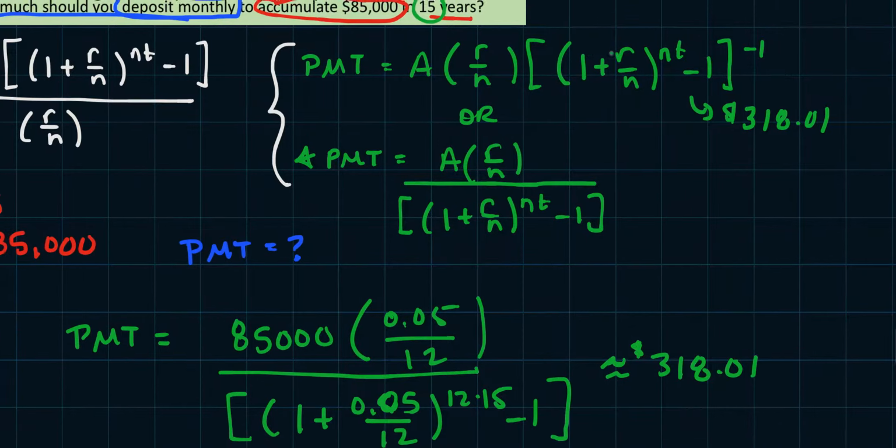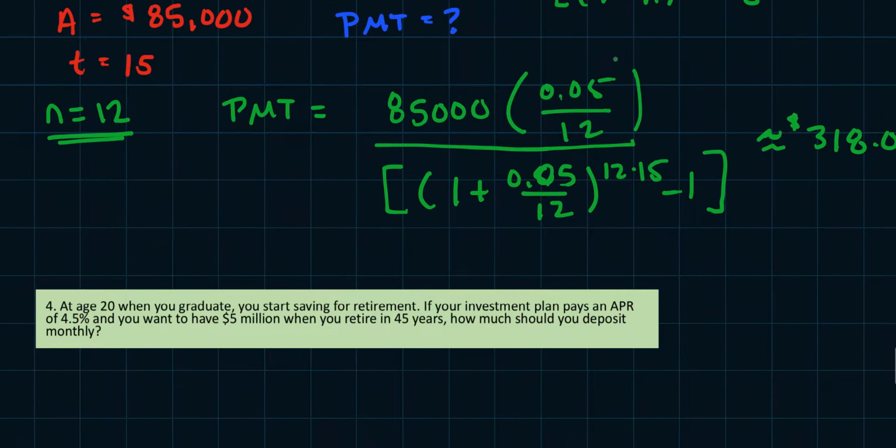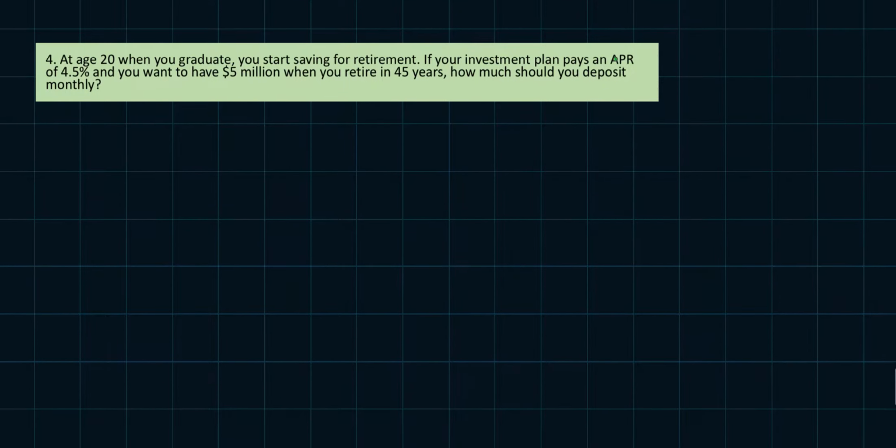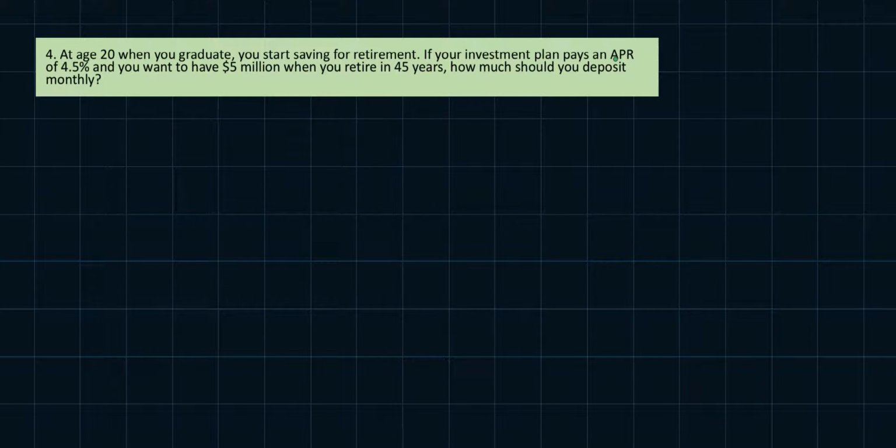Okay, let's try another one. So I think we have a total of 3 problems we're going to do. Let's switch colors. Let's go with red. At age 20, when you graduate, I guess you could graduate from college at 20, I think a little old for high school.